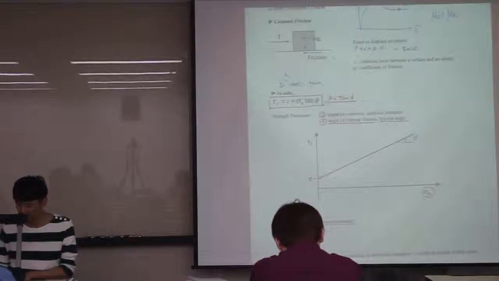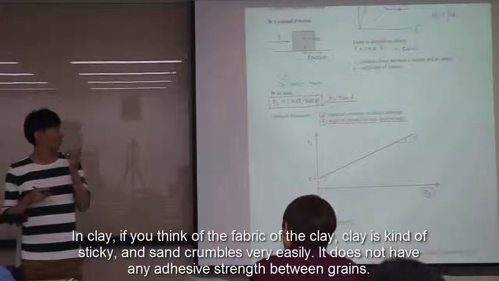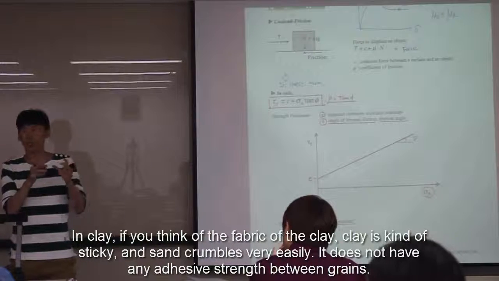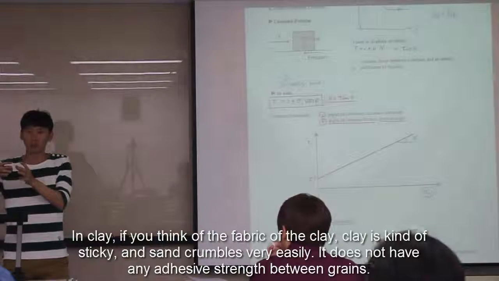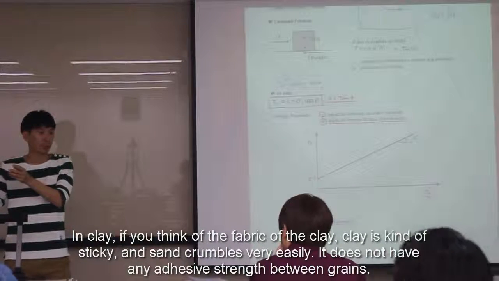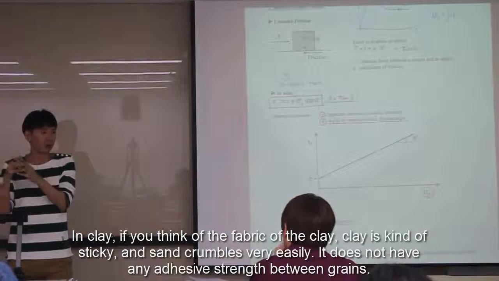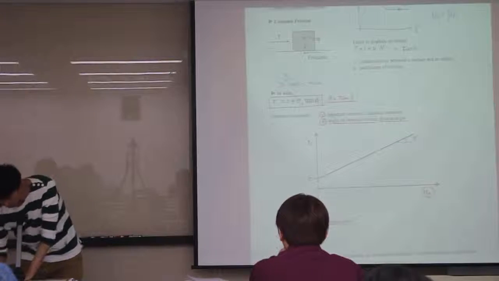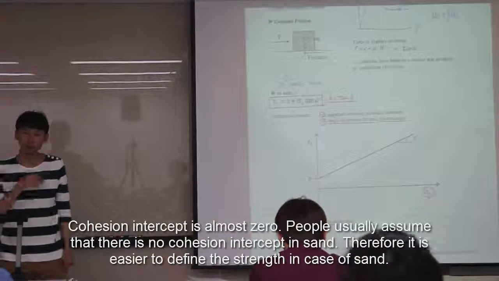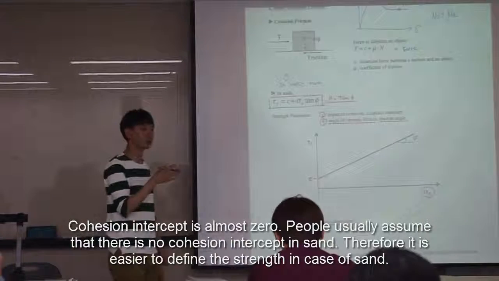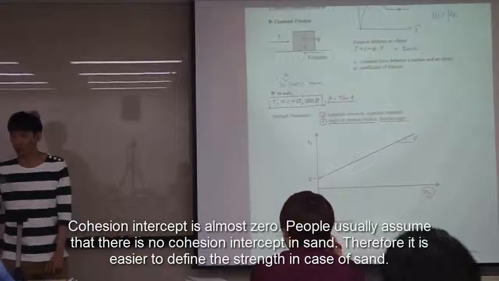And in clay, if you think about the fabric of the clay, it's very sticky, right? And sand crumbles very easily, right? It doesn't have very adhesive strength between the grains. So for sand, the cohesion intercept is almost zero. So people generally assume there is no cohesion intercept for sandy soil, so it's easier to define the strength.